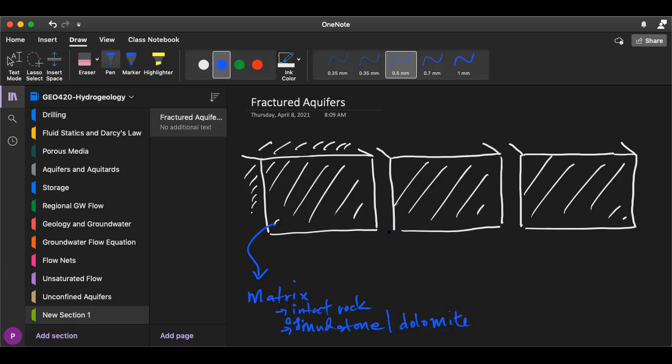All right, these matrix blocks are separated here by a fracture. So this is a fracture.